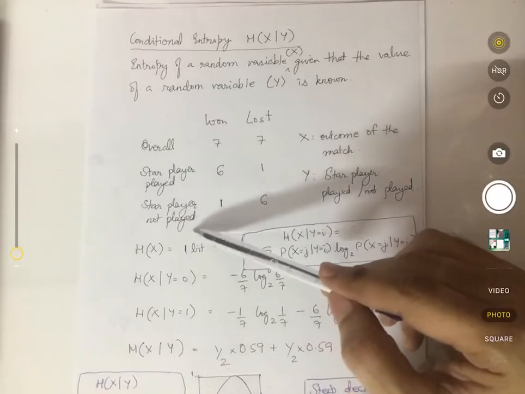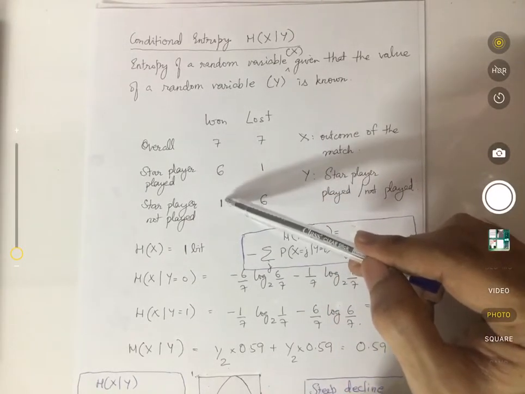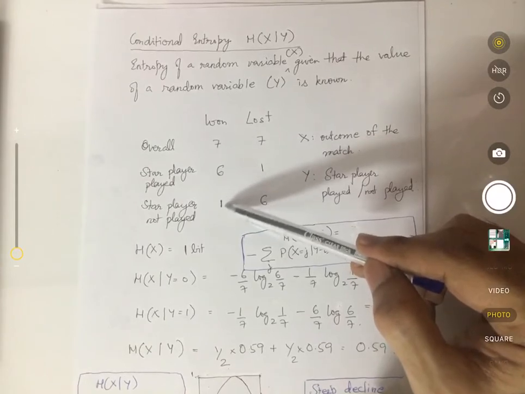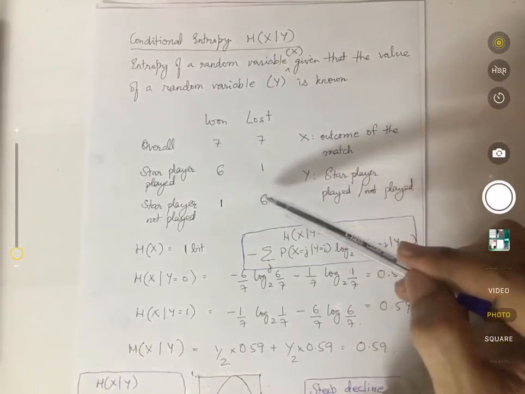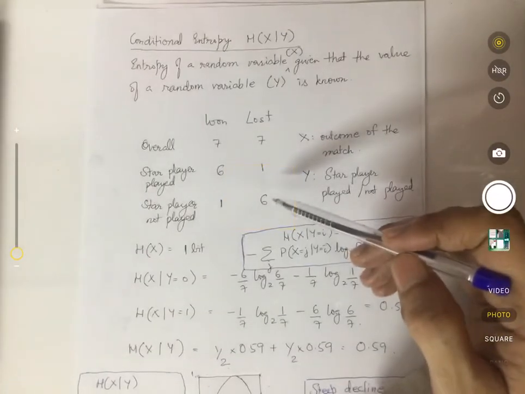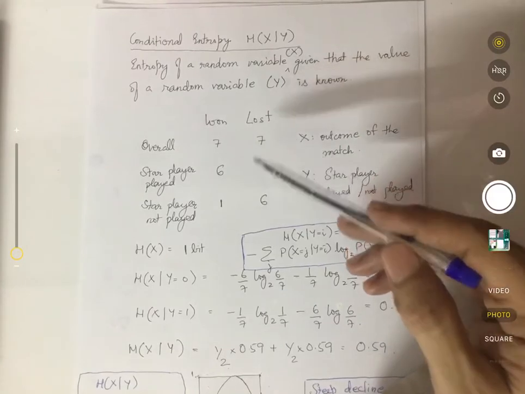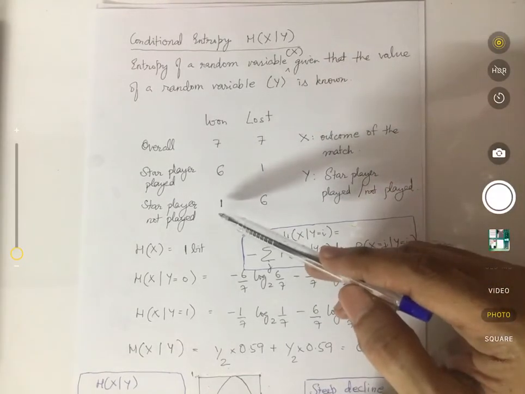And when he has not played, the team has won only 1 match and lost 6 matches, right? So obviously this means that you can predict the outcome of the match by just asking whether the star player has played or not, right?